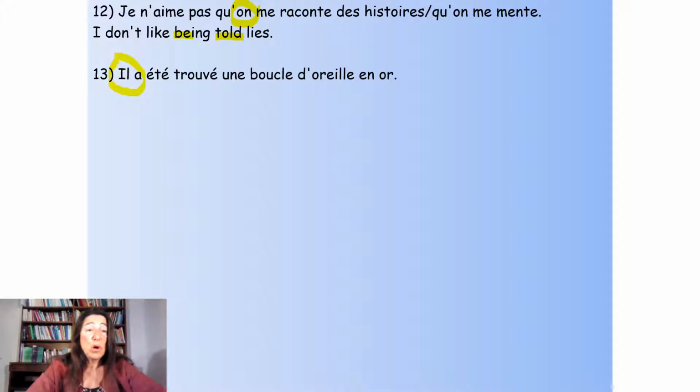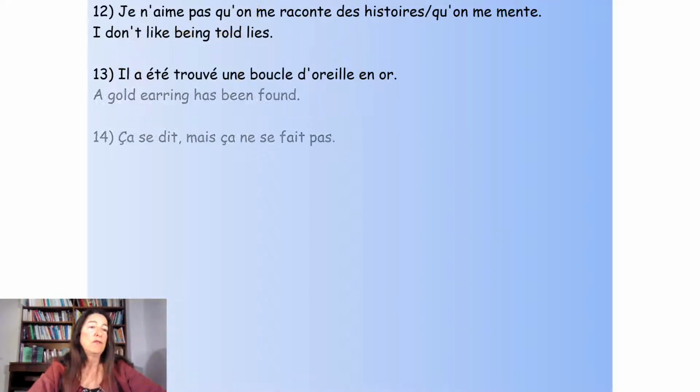Well, we do not know. So in this case, again, since there is no obvious subject, what we want to do is translate using the passive voice, be plus V-EN. And the subject of the passive voice is going to be the object of the active voice. Therefore, the translation will be a gold earring has been found.